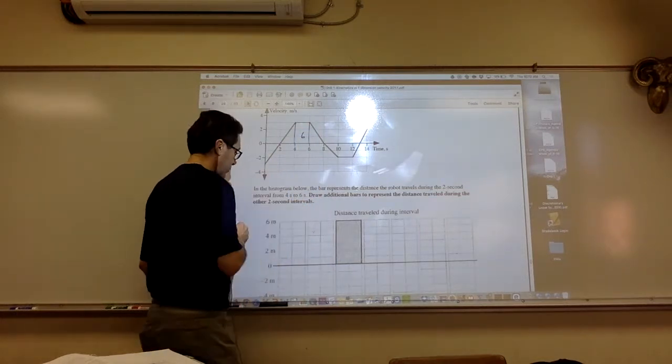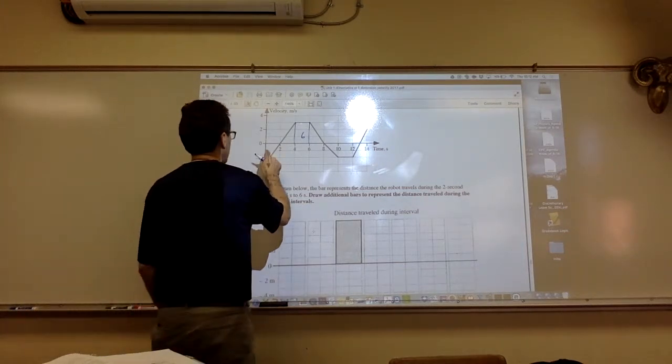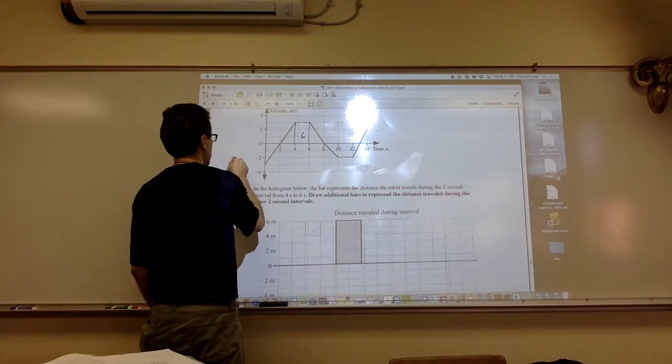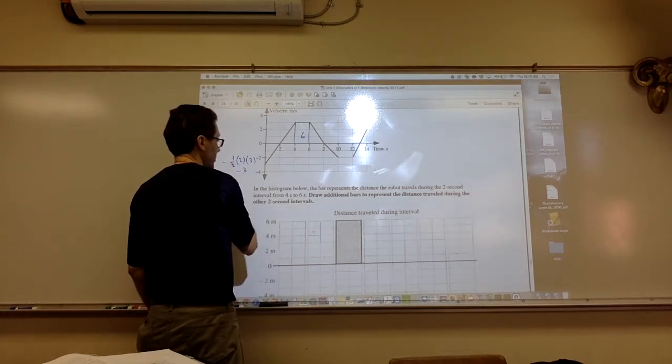So all we have to do is find the area between 0 and 2, 2 to 4, and all that stuff. So for 0 to 2, it's 1/2 the base times the height. It's negative, so this is going to be a -3, but in terms of distance, that's a positive 3.